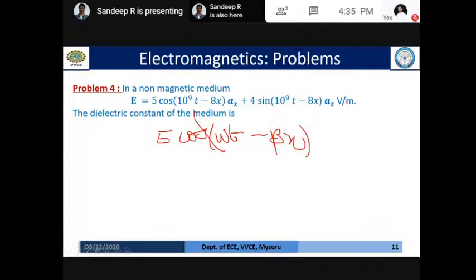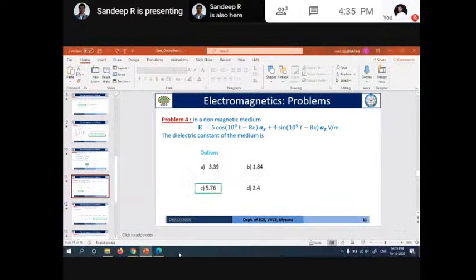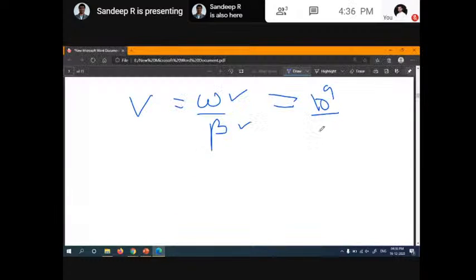So omega is equal to 10 power 9, and the value of beta is 8. From this expression we get the values of omega and beta, and then we can calculate V.